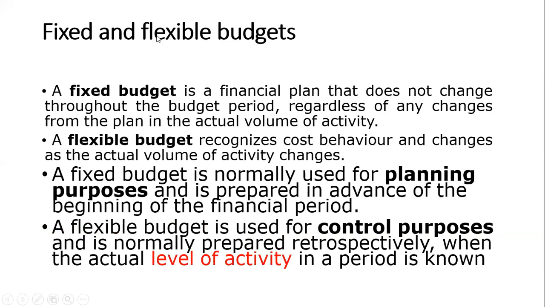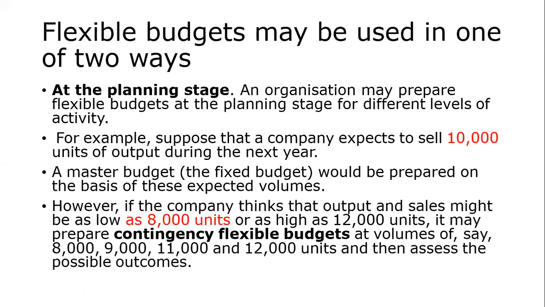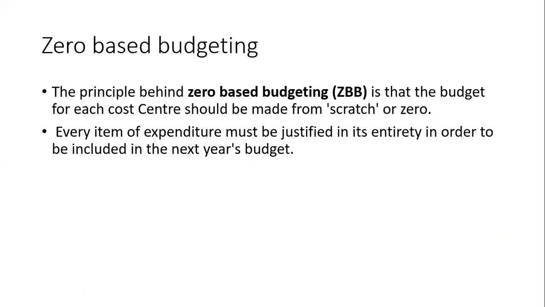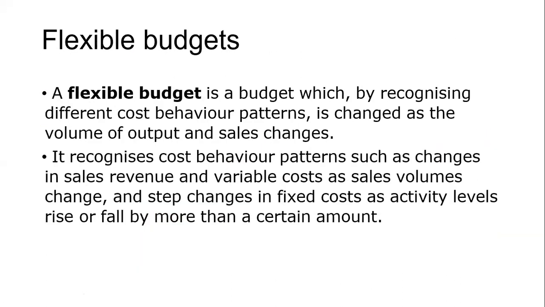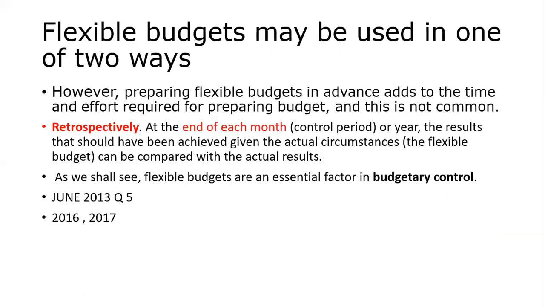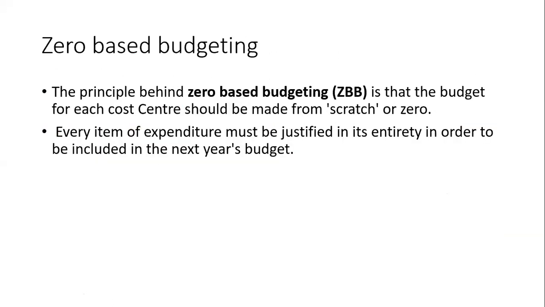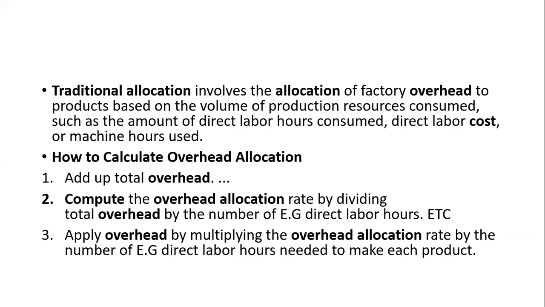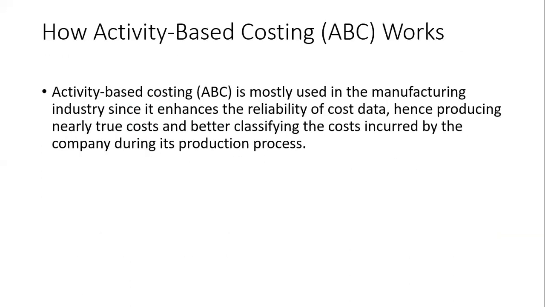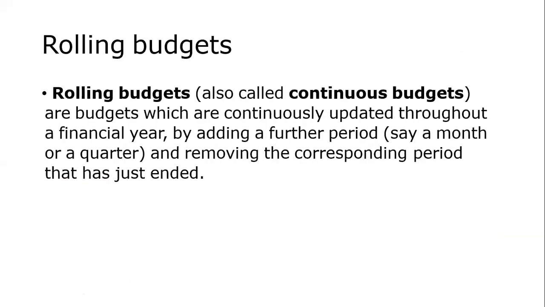So we have what are called fixed and flexible budgets. Now, based on the questions, let me start with the budget that is a little bit simpler. Maybe I could start with the rolling budget, because as I see the time, the question I need to do in the past paper on the rolling budget is easier than other budgets like the ABC budget.